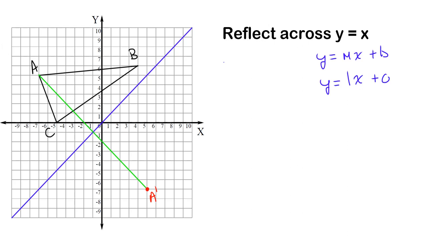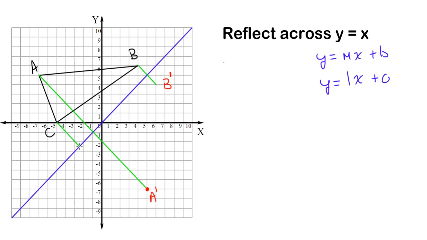Let's do the same for B. B is a little easier because it's closer. B is just 1 step diagonally, so I'm going to move 1 step diagonally in the other direction. And there's the location of B prime. And if I look at C, C is going to move 1, 2 and a half.